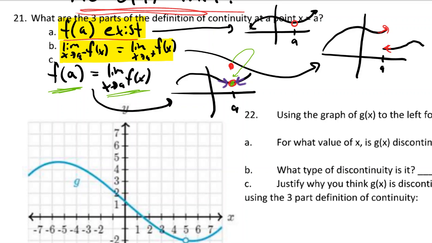The mathematical explanation is it approaches some y value from the left and a different y value from the right. And then even if the point exists, and even if the limit exists, if the point y value is not equal to the limit y value that it approaches, like this, then it's in the wrong spot, and then there would still be a break. So all three of those things have to be true to be continuous.